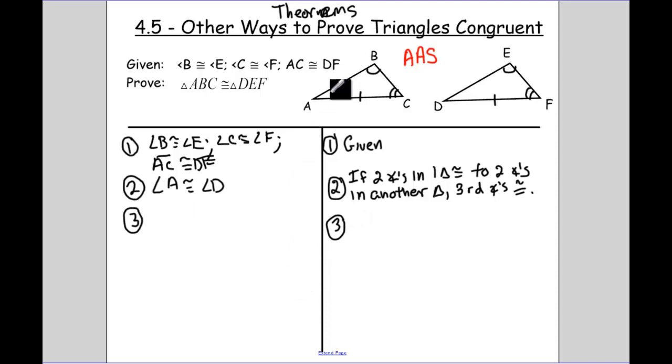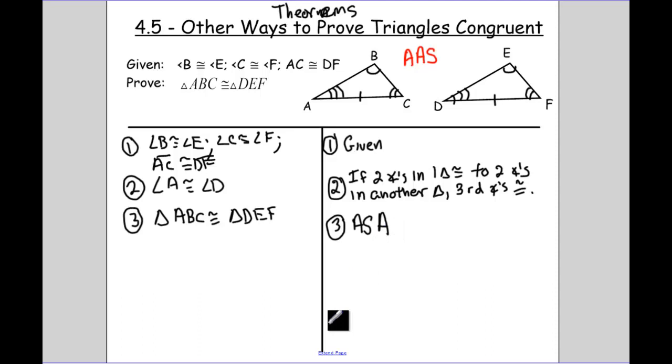So now what I've said is angle A is congruent to angle D. So therefore we now know these triangles are congruent. Triangle ABC is congruent to triangle DEF because of our angle, side, angle postulate.